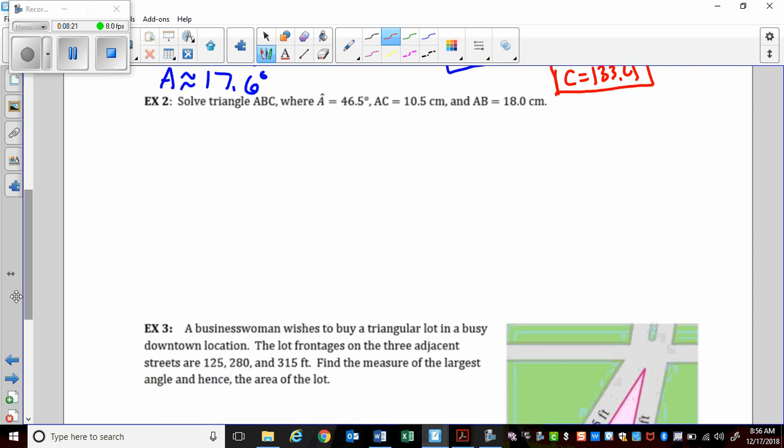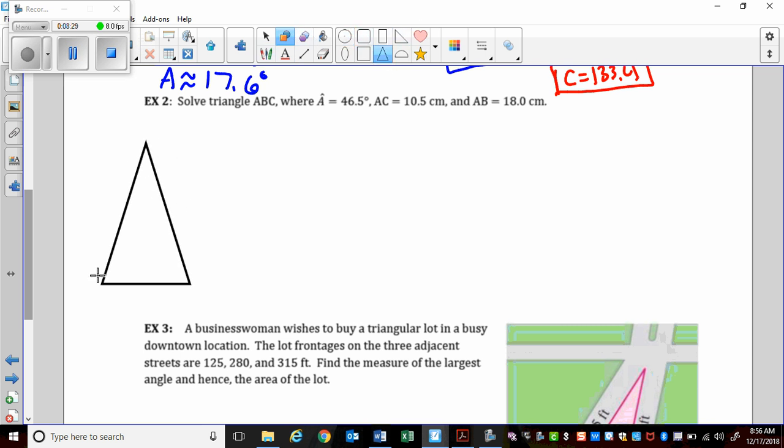So this is how it's going to be. They're not going to always give you a triangle. You have to draw a triangle. Start off by drawing a triangle. It says that our vertices are A, B, and C. Doesn't matter where you put them. It says angle A is 46.5 degrees.